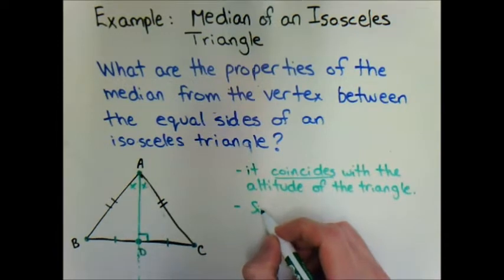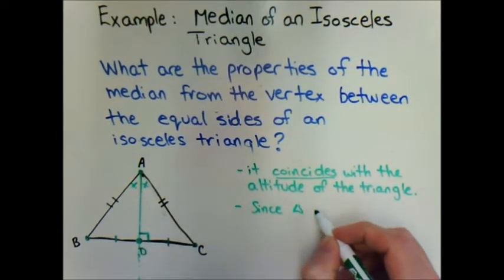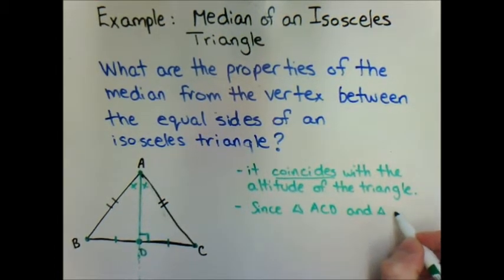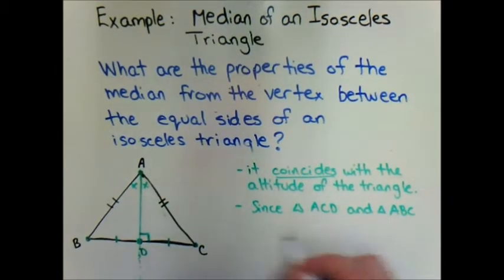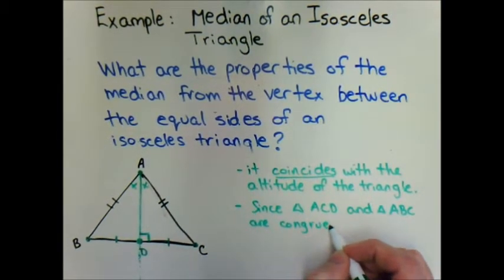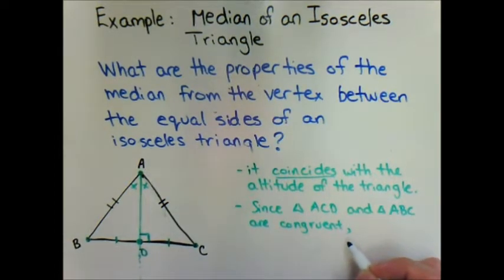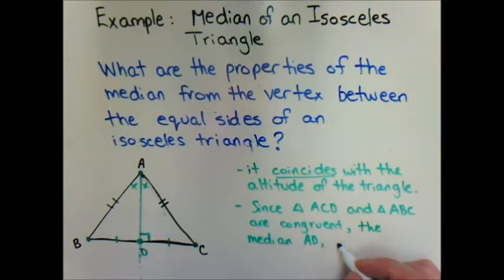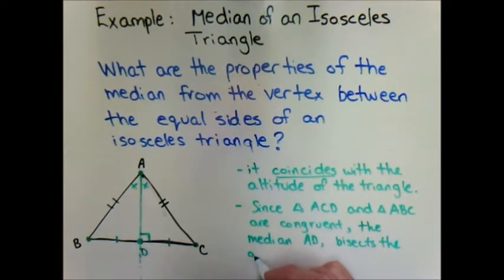So since triangle ACD and triangle ABC are congruent, the median AD bisects the angle A.